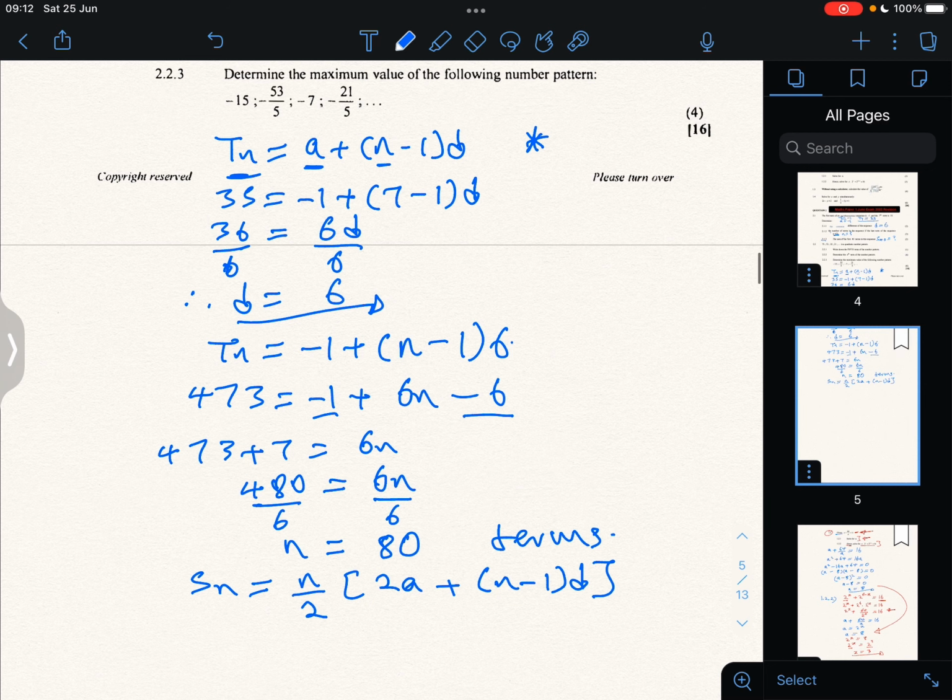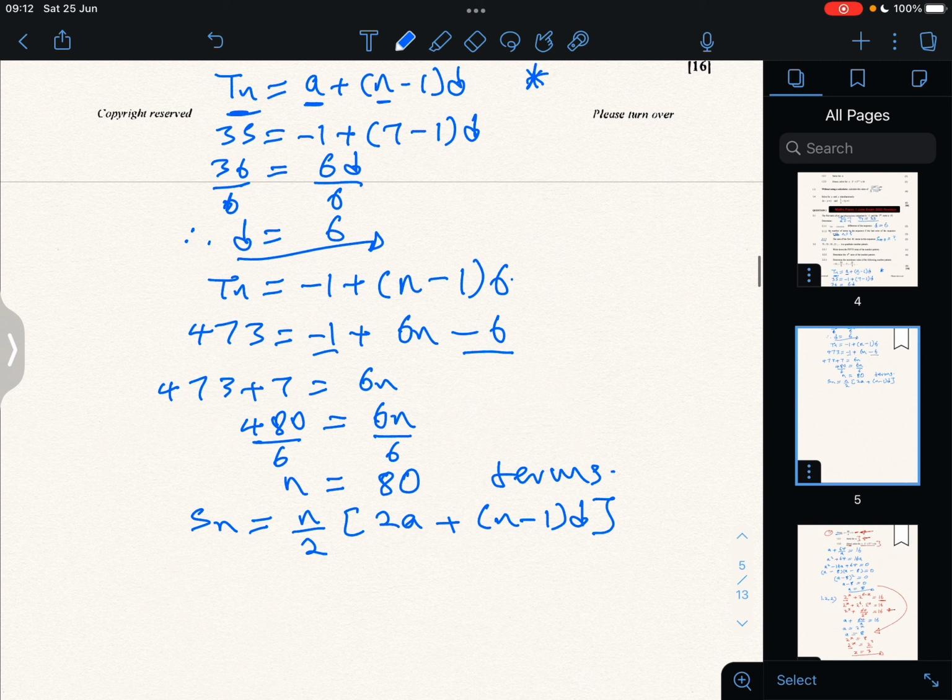So what we're looking for is S40, the sum of the first 40 terms. So n is 40. Doing the substitution, a is -1, plus n is 40 again, minus 1 times 6.